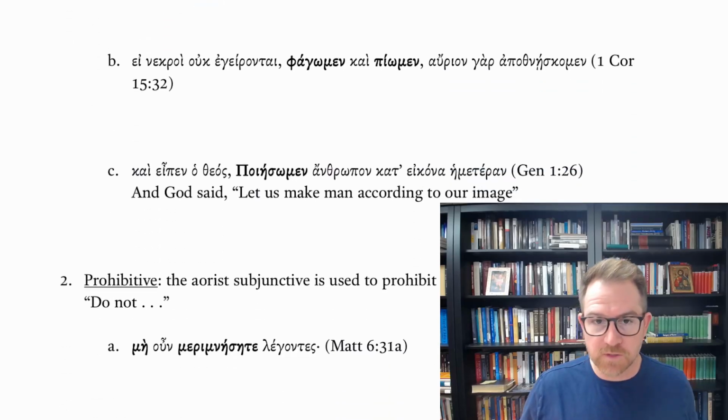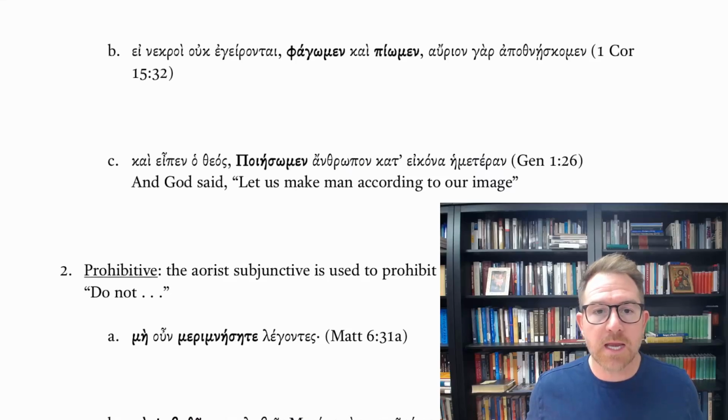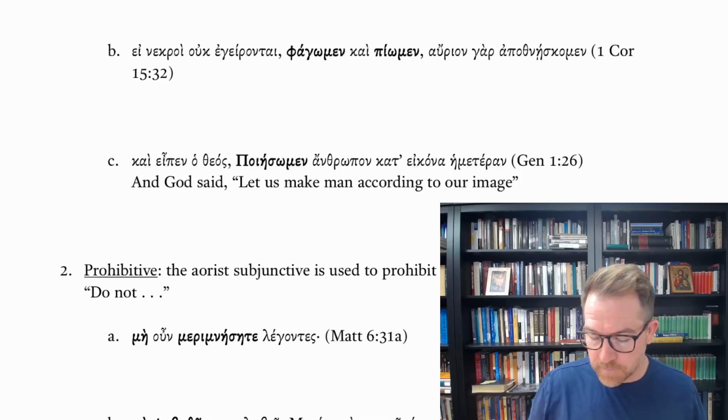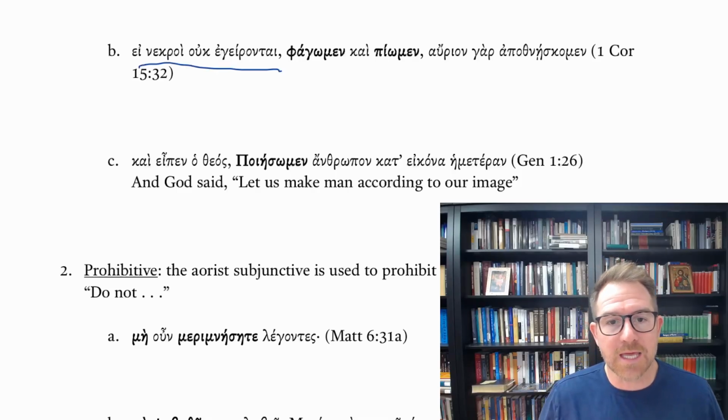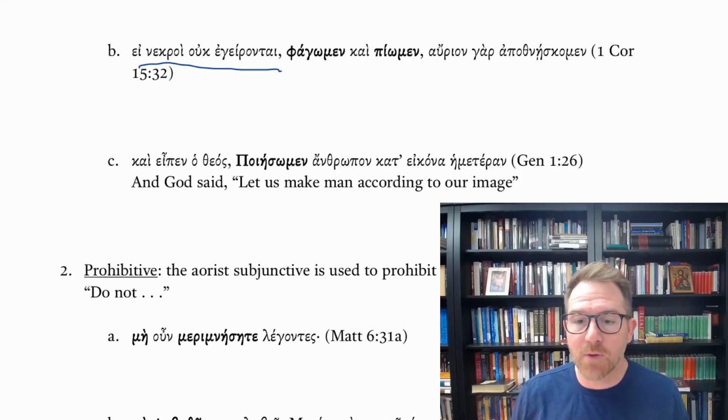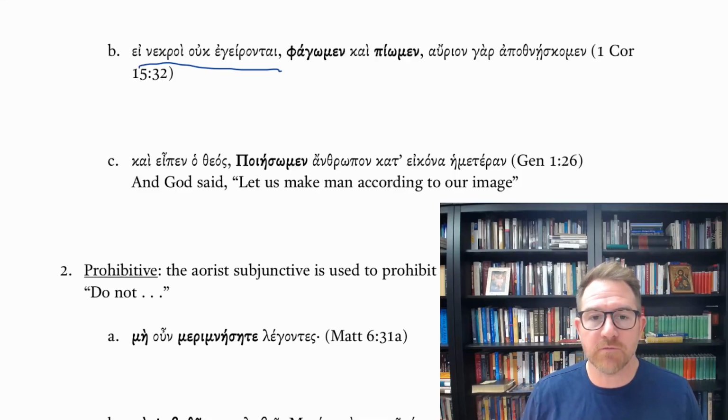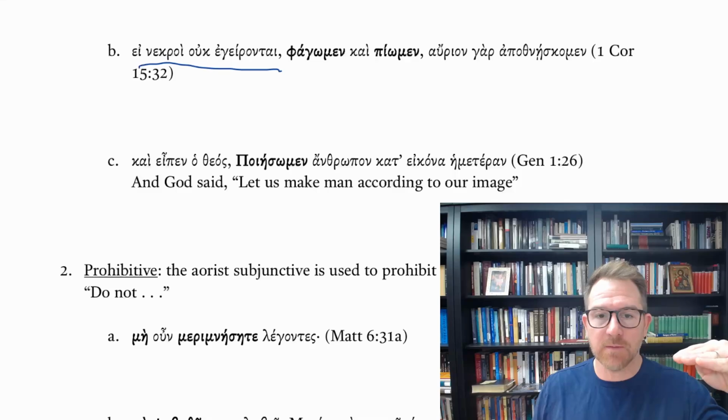In 1 Corinthians 15:32, ei nekroi ouk egeirontai, if the dead are not raised. So this is the premise, and noticeably the egeirontai is in the indicative. So the premise of this possibility is being set. If the dead are not raised, that's the statement about reality.